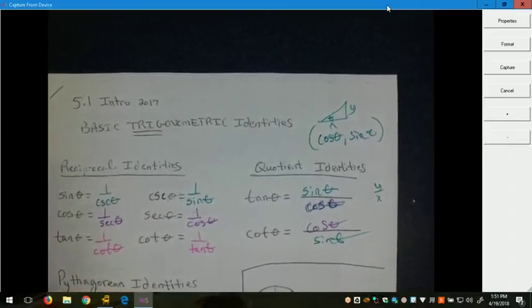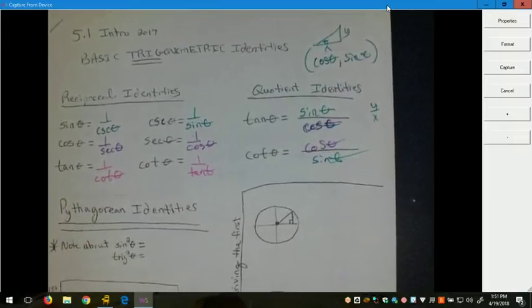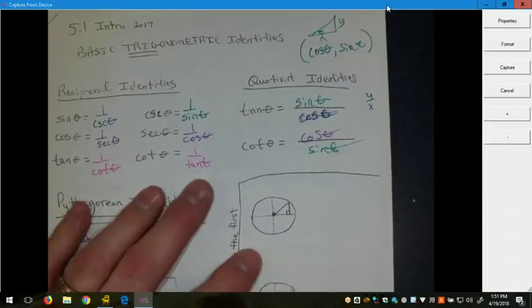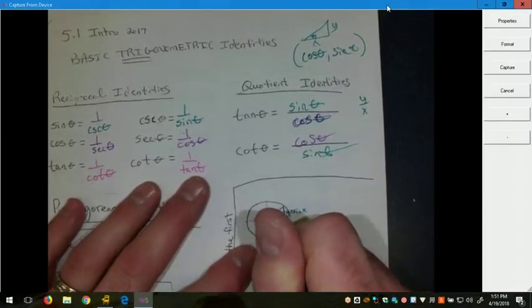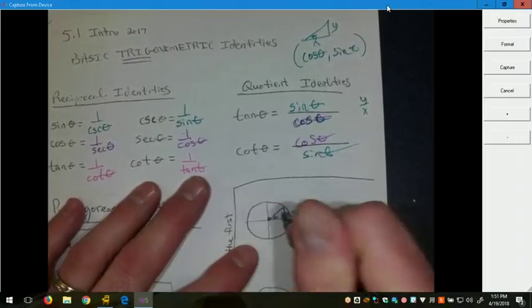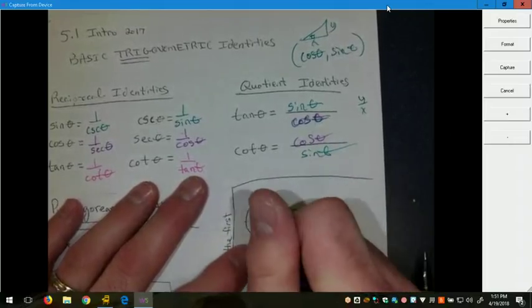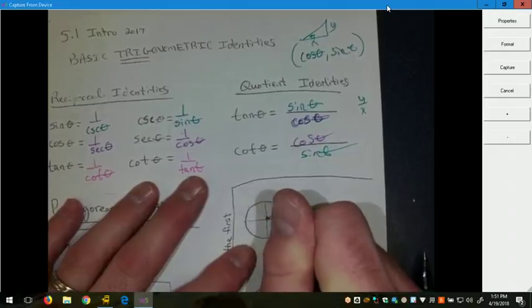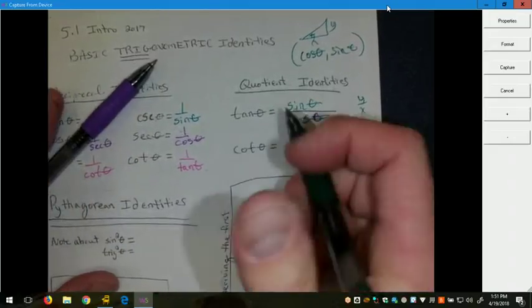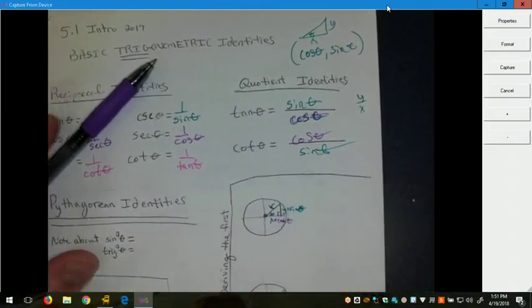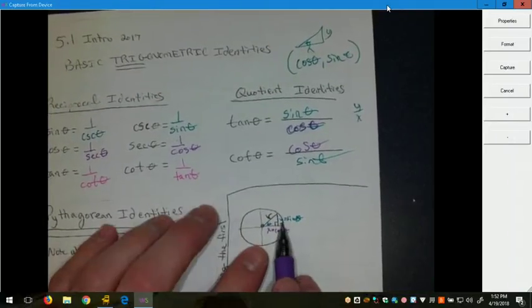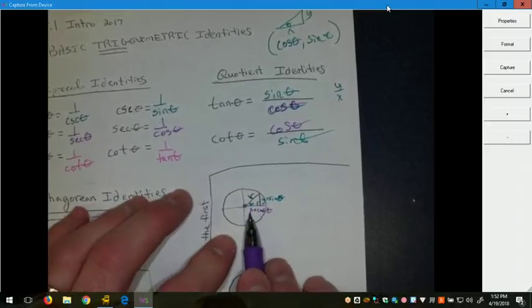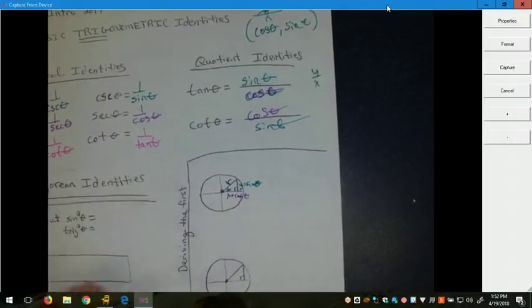We also have our Pythagorean identities. So we're going to go back to deriving the first one. In the circle, we have y, which is sine of theta, we have our angle theta, we have x, which is cosine of theta, and we have the radius. If you were just looking at this as a right triangle, a squared plus b squared equals c squared.